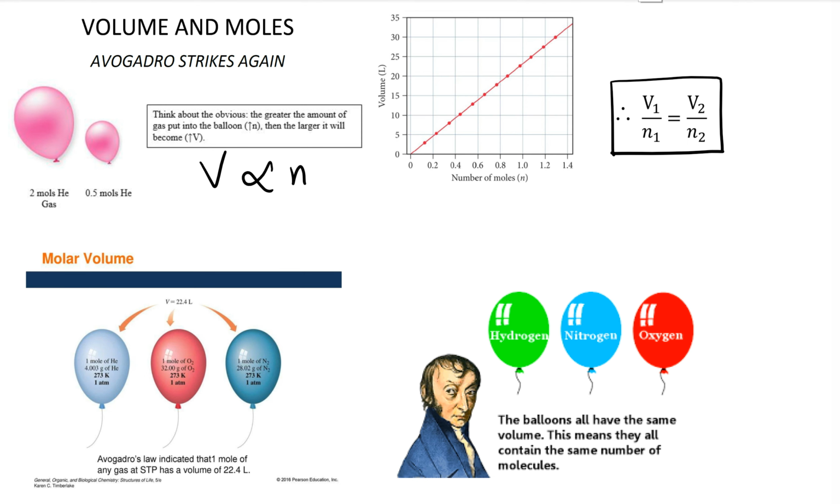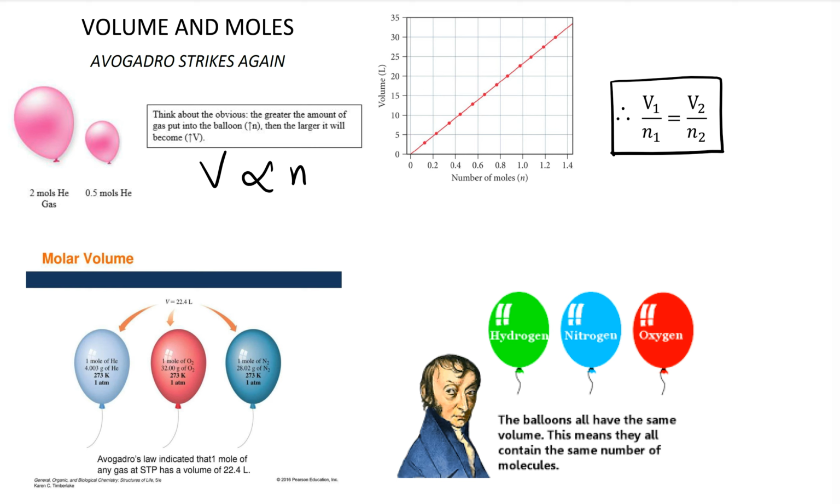Alright, so we have another application of this relationship, and it comes from Avogadro. Yes, the same guy. Avogadro's number, 6.02 times 10 to the 23rd. Avogadro says that 1 mole of a gas at STP has a volume of 22.4 liters.